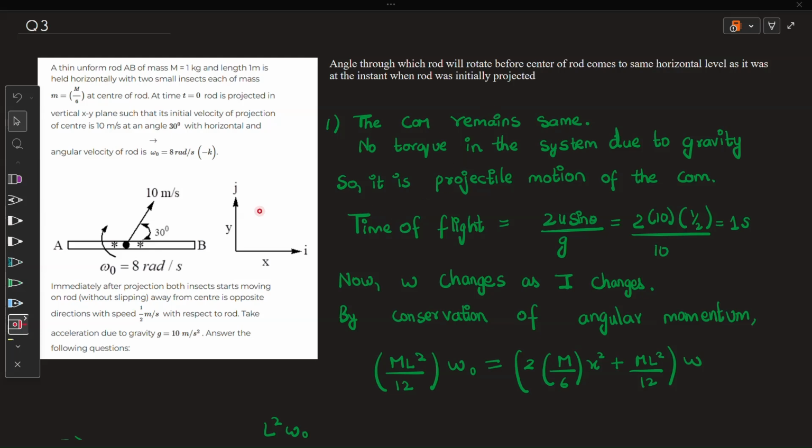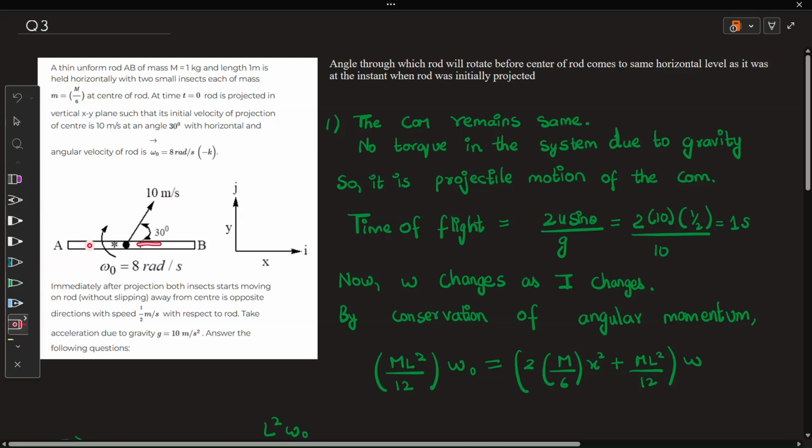Let's break it down. If you see, this particular rod is there and two insects are initially at the center, and these two are moving along the rod with half meter per second speed. I cannot term it velocity, because the direction is always changing as the rod is rotating.